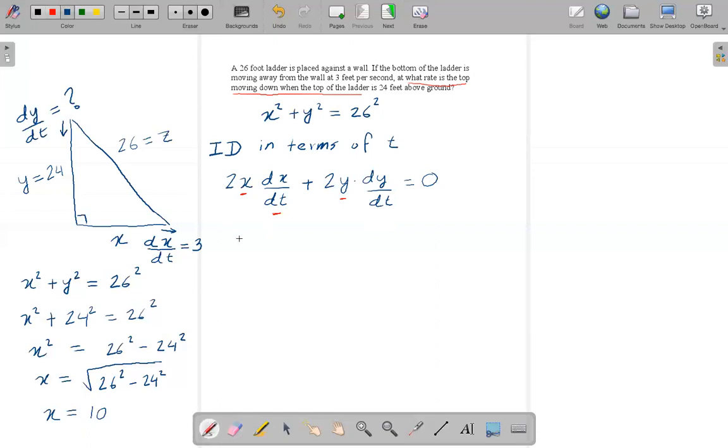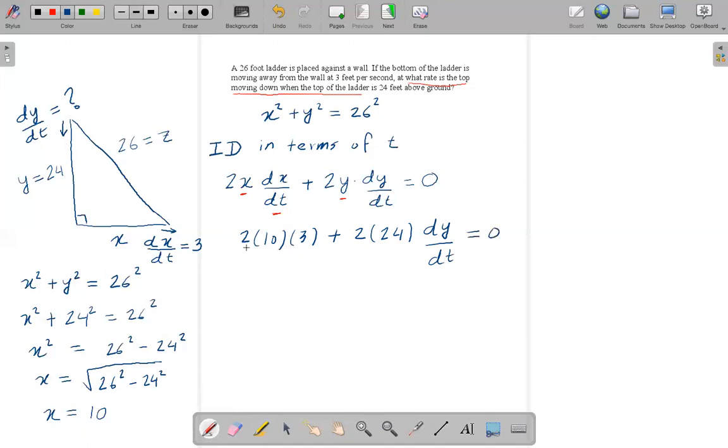So 2x, we said x is 10, dx over dt is 3, plus 2y, we know the value of y, which is 24, times dy over dt, is equal to 0.